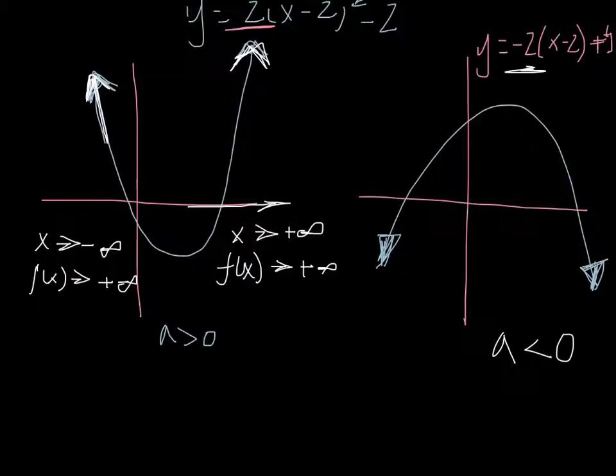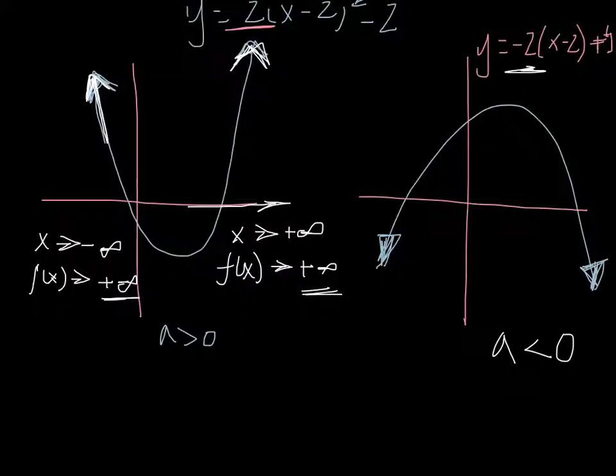So the nice thing about something that's squared, when it's an even power, is that my end behaviors are going to go in the same direction. They're either going to go up, up, or down, down. On this one, because a is positive, both my y values are getting more and more positive. They're both going up, up.